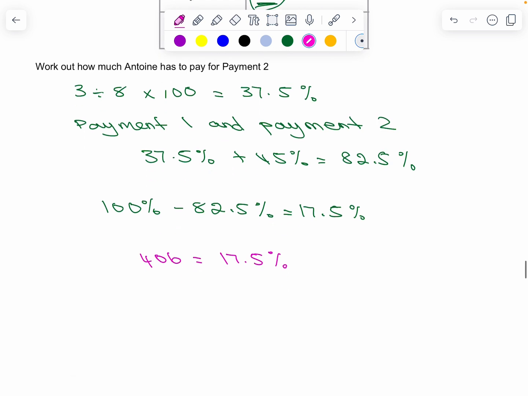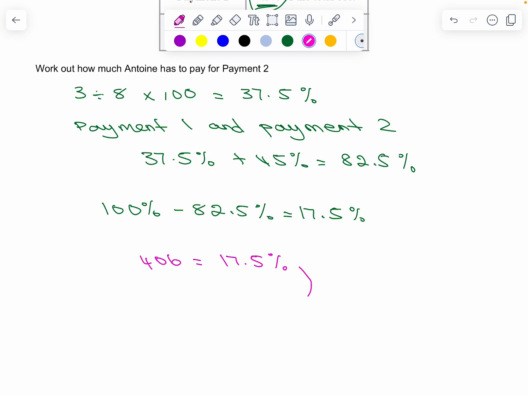First of all, we're going to find 1% by dividing by 17.5, dividing by 17.5, both sides. That gives me that 23.2 is 1%.